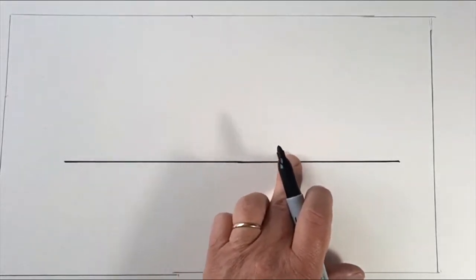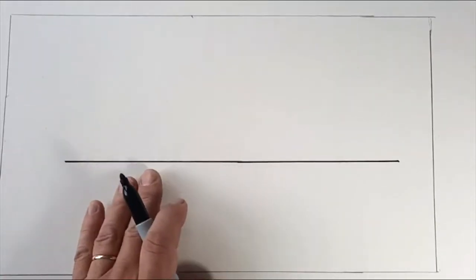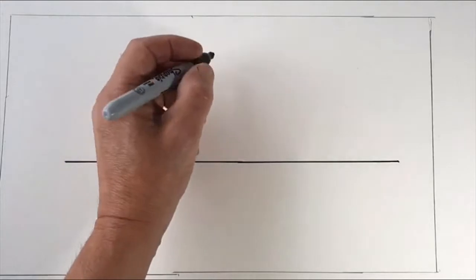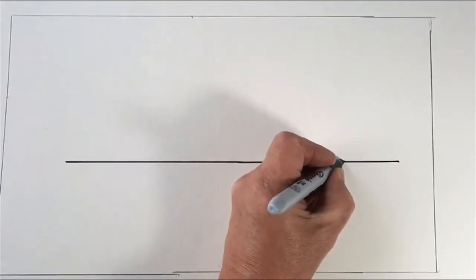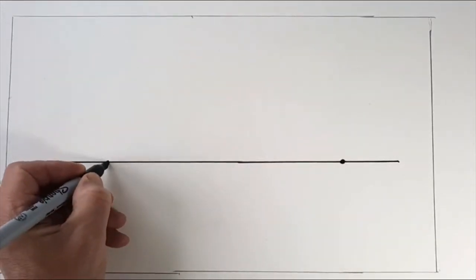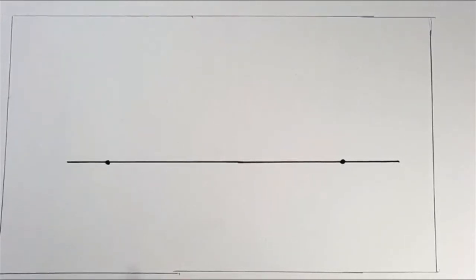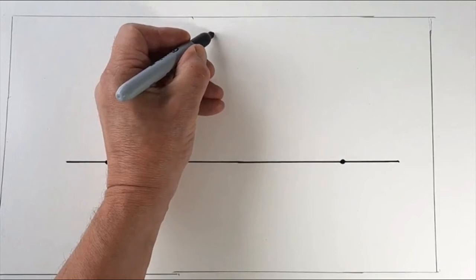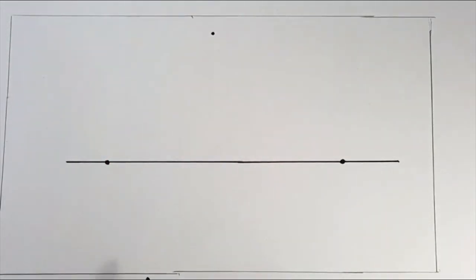So let's assume that this line is our eye level or horizon, and the object's above. We can place a vanishing point here, and a vanishing point there along the horizon line or the eye level. In this case, we could place a third point up here somewhere.